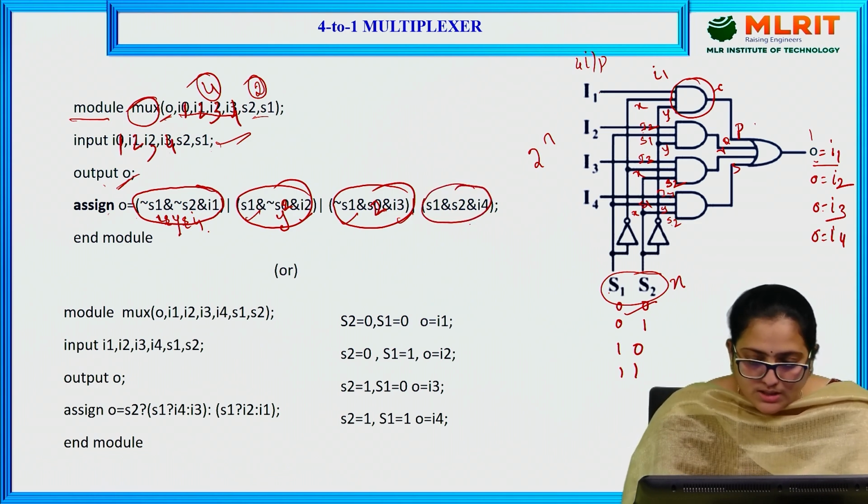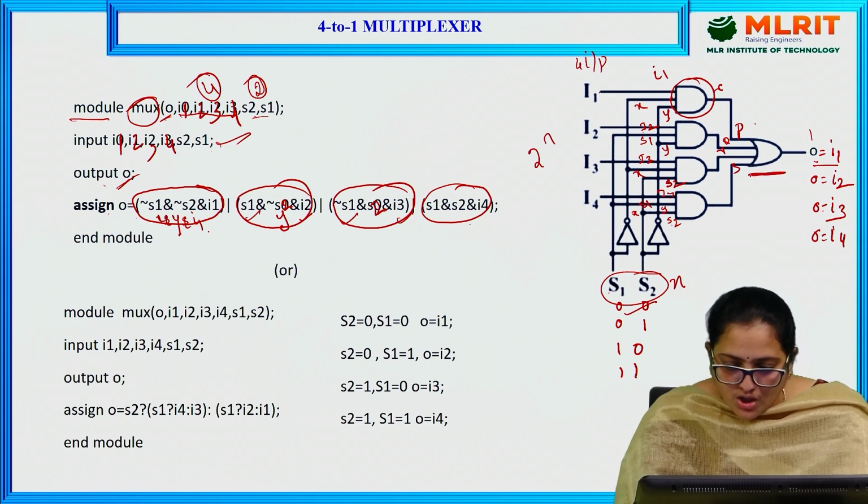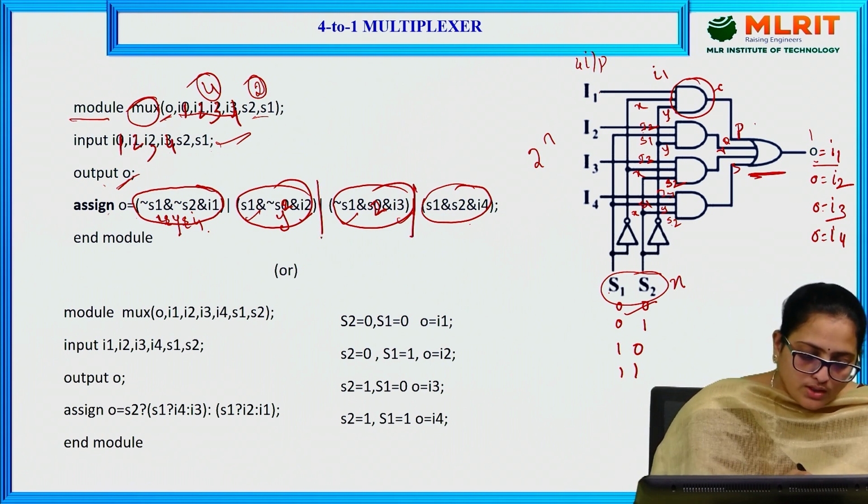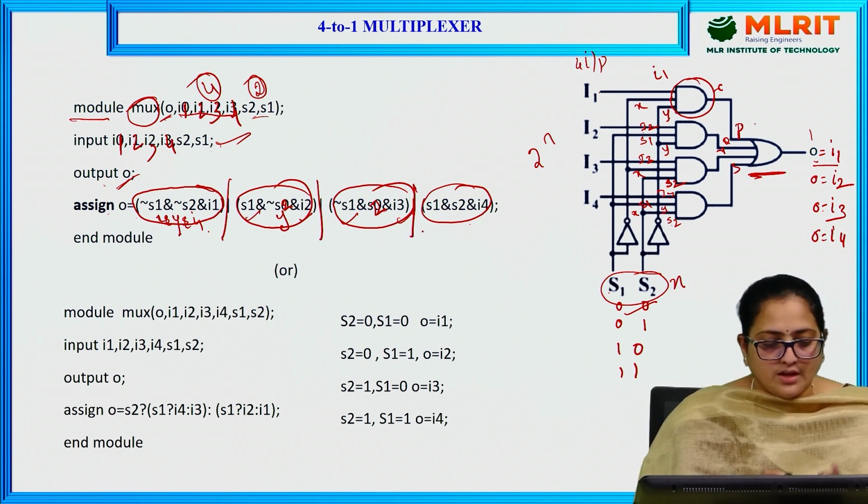All these 4 AND gates are given to the OR gate, so all 4 are combined with the OR operation.